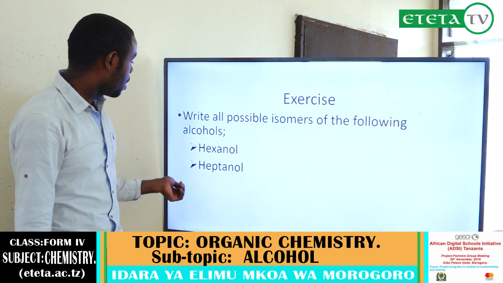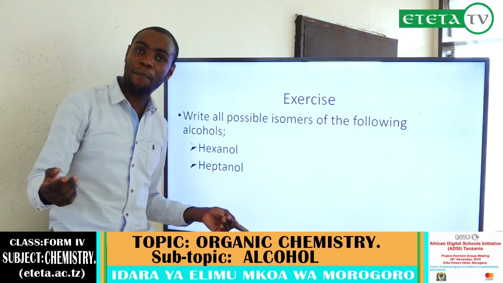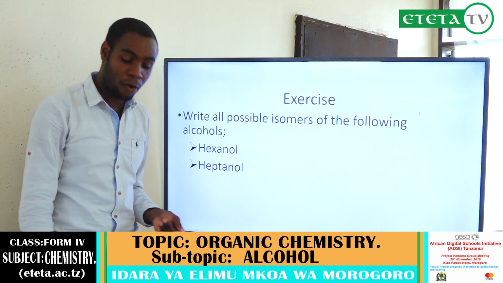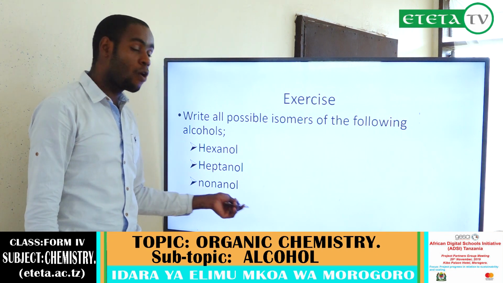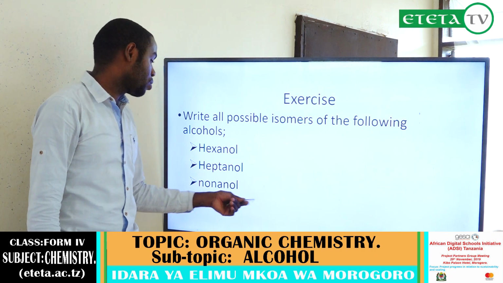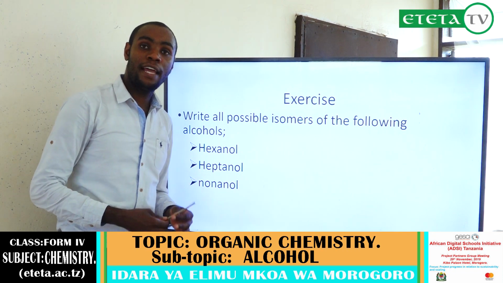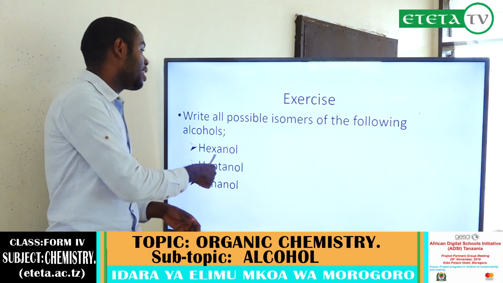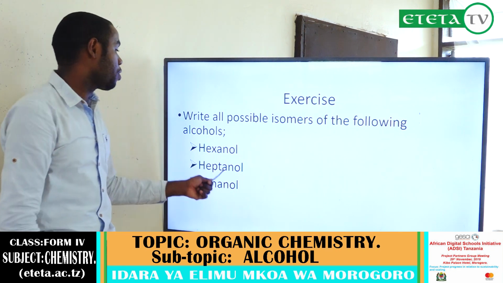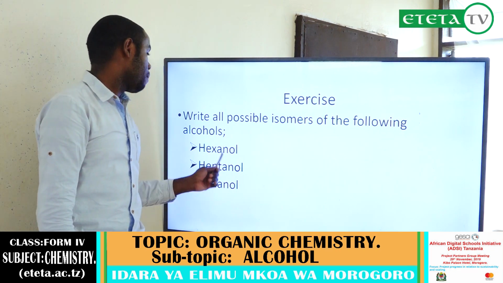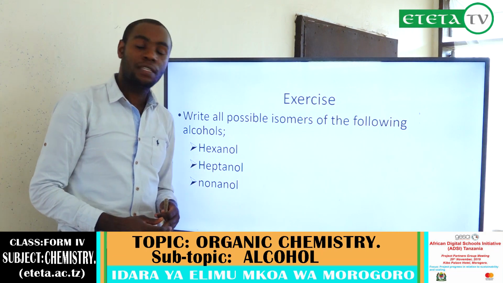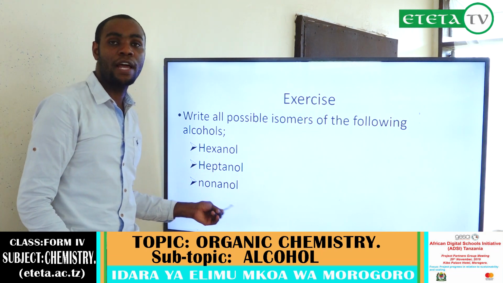Not only that, but also heptanol and nonanol. Now, take your pen and paper and try to write the possible isomers for these three alcoholic compounds: hexanol, heptanol, and nonanol.